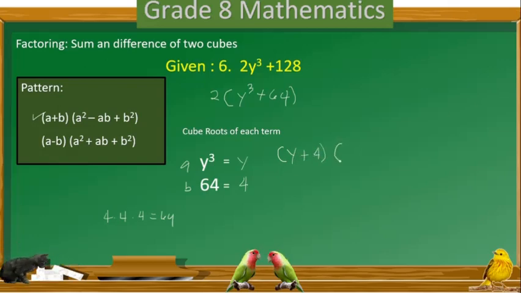Then the value of A is to be doubled. Then opposite sign, the product of A and B, y times 4, plus the value of B must be doubled, 4.